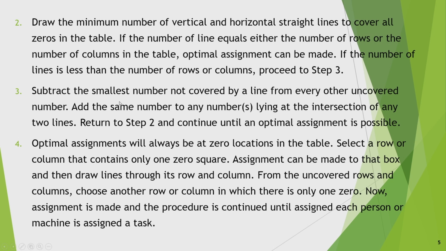So step 3 is that once your lines are fewer, like we need to cover the zeros but we could draw only 2 lines, subtract the smallest number not covered by a line from every other uncovered number and add the same number to any numbers lying at the intersection of any 2 lines. So return to step 2 and continue until an optimal assignment is possible.